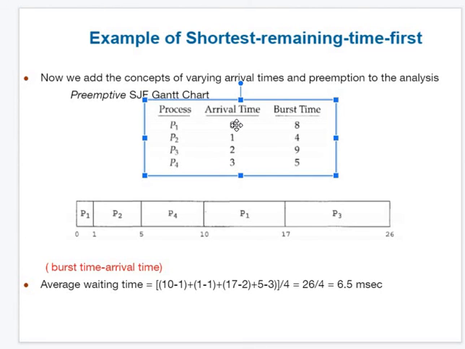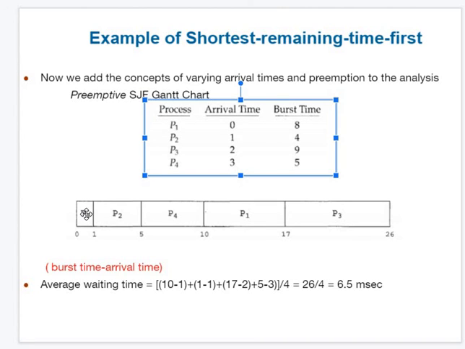At the 0th second, who has arrived? Only P1 has arrived. So even though it has a moderate burst time, since no other process has reached for computation, the resource goes to P1 itself, even though it has a burst time of 8.